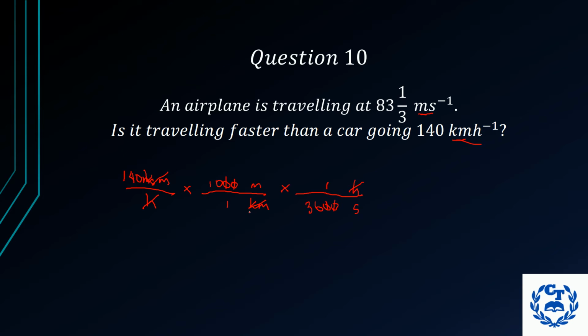I can see right away that my answer would be equivalent to 38 and 8/9 meters per second. I can see right away that this value here is lower than this value here. So I can say no, the car is not traveling faster than the airplane.